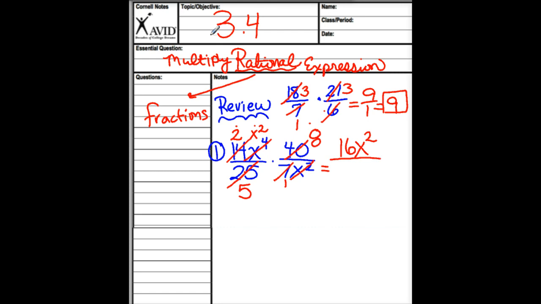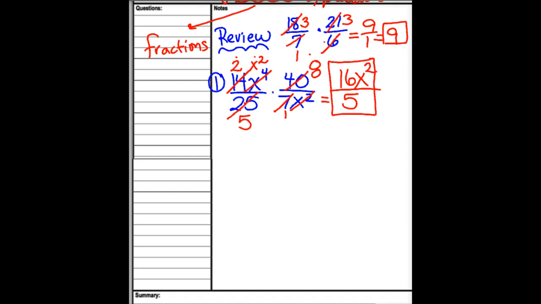On the bottom, I've got 5 times 1, which gives me just a 5. I know I canceled everything possible because 16 over 5 doesn't reduce. Had I gotten like 16 over 12 though, I would know that I didn't cancel enough and I would just continue going. So if you don't find every hidden factor, just make sure you cancel completely at the end.